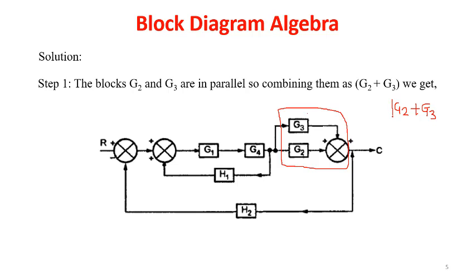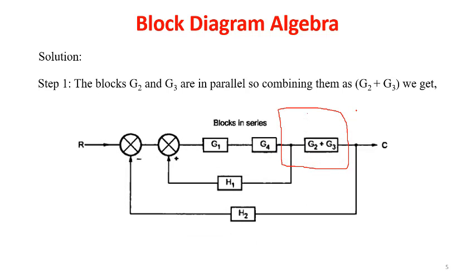So this will be a single block, which we replace in this particular path. When we replace it into this path, the block is converted into G2 plus G3, and this is the forward block.